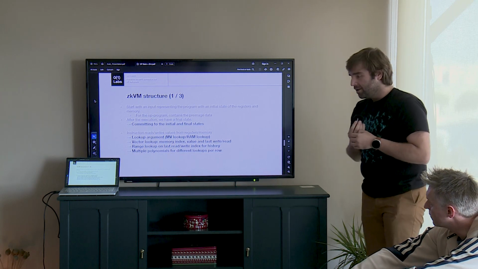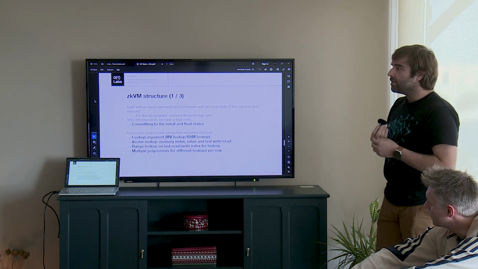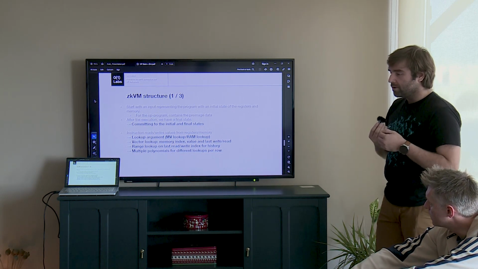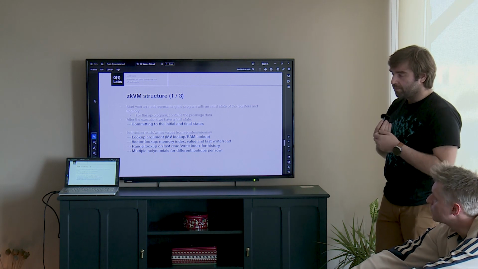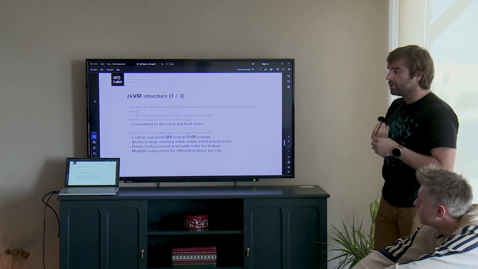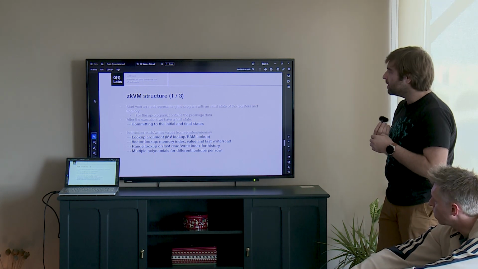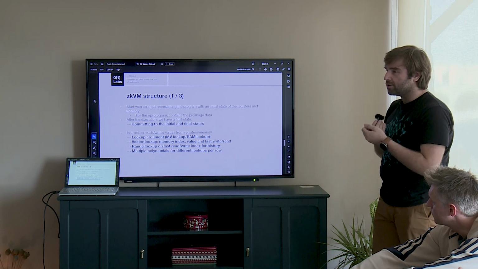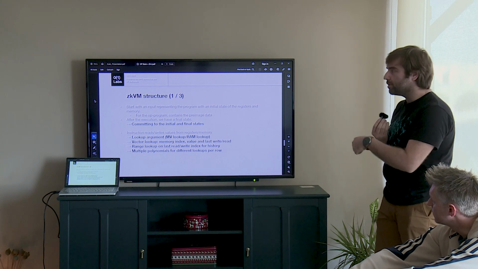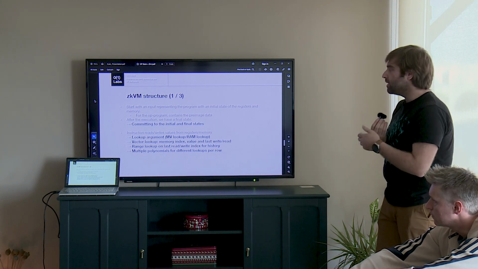When you think about a VM, when you've got to arithmetize in a circuit, what you've got to do is describe the instructions that are going to be executed. And therefore, a VM is just a transition from one state to another, so an initial state and a final state.